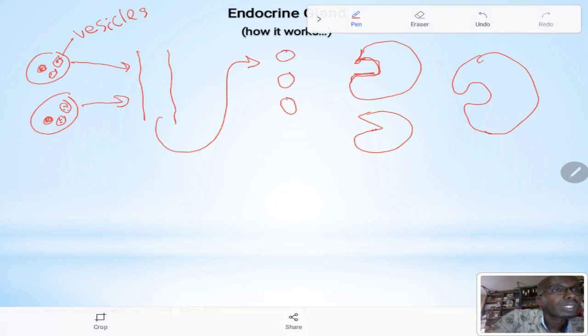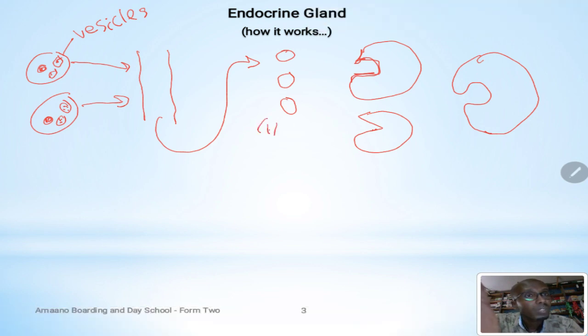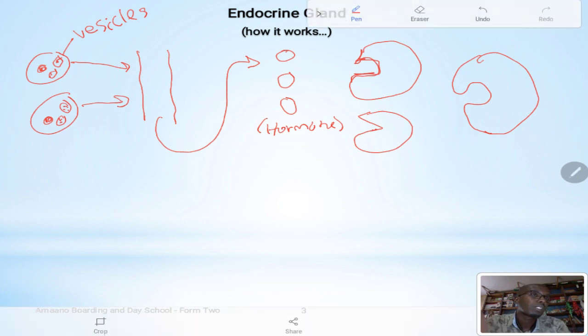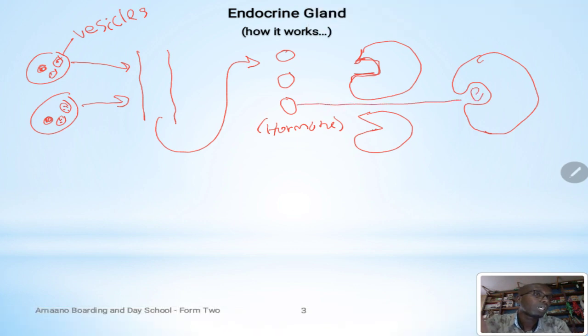The product of the endocrine glands is called a hormone. If you look at the shape of the product, you can see this shape fits this active site.